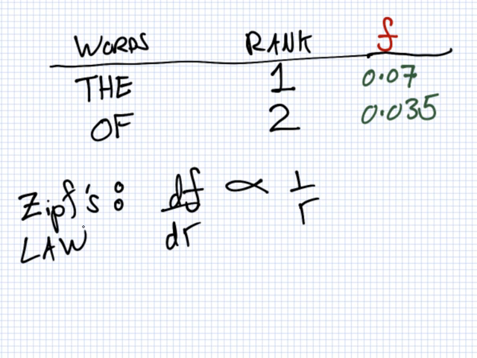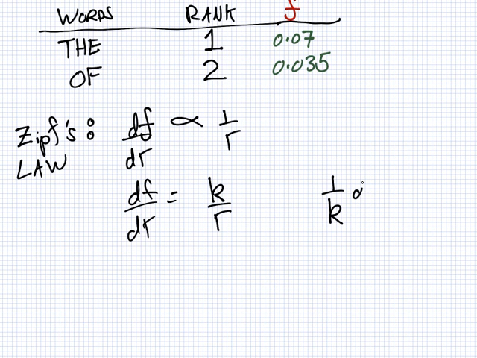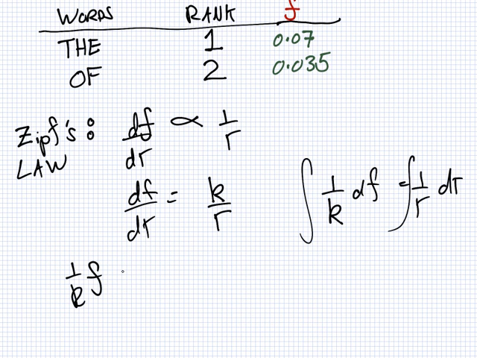Let's see what the solution is here. So I have to change this into df/dr equals k times 1 over r. Cross multiplying, I get 1 over k df equals 1 over r dr. So that means 1 over k f equals log r plus c.